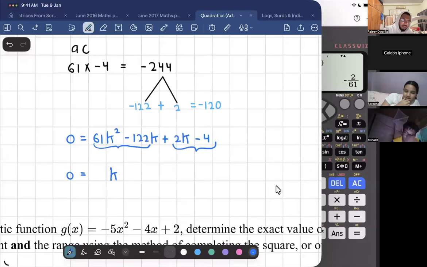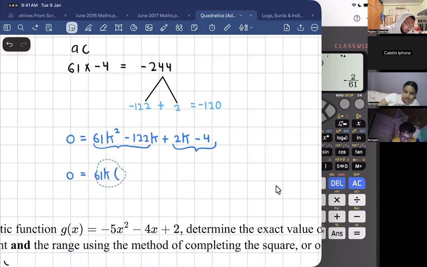Because what is 61 by 2? 122. Right. So we see 61k is in common in both.